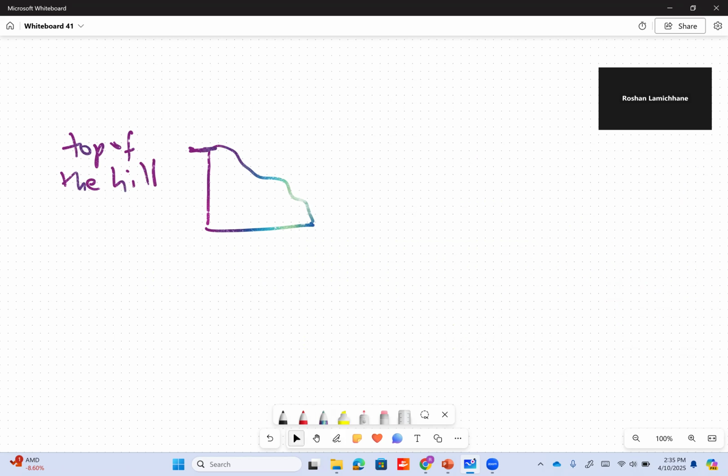Let's assume that this is all smooth. And if I place a ball here at the very top and I just push it, this ball is going to roll all the way down here. I don't need to continue pushing it. It just goes down. So that's called a spontaneous process.